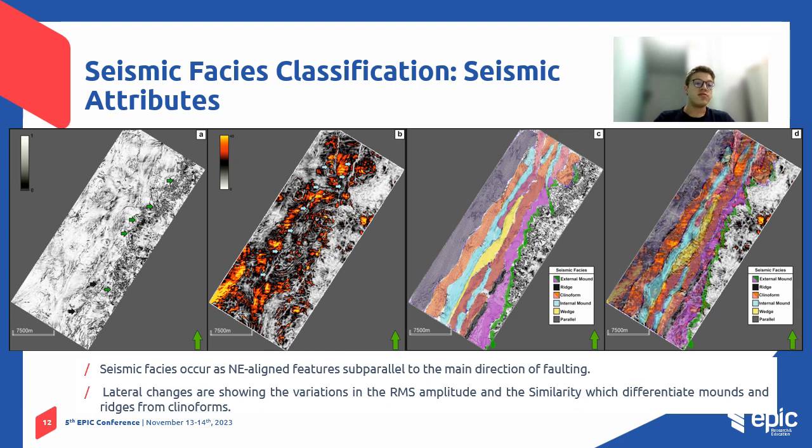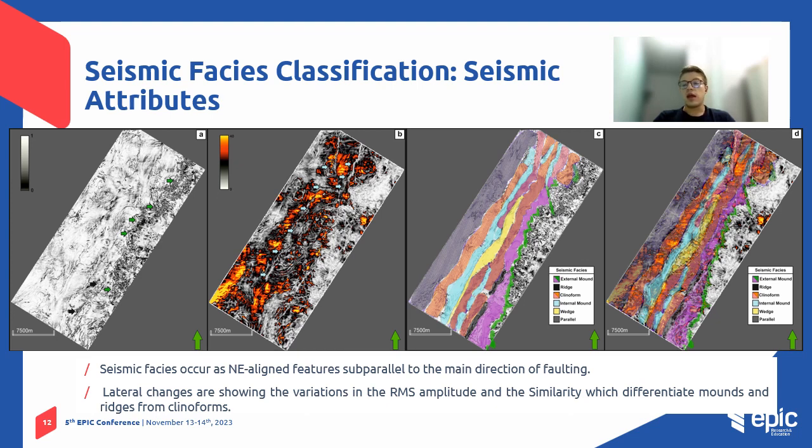For example, in similarity, it's easy to differentiate the external mound by the green arrows. And in RMS, it's easy to identify the internal mounds because of the low amplitude that these seismic features generate and highlight in these attributes.